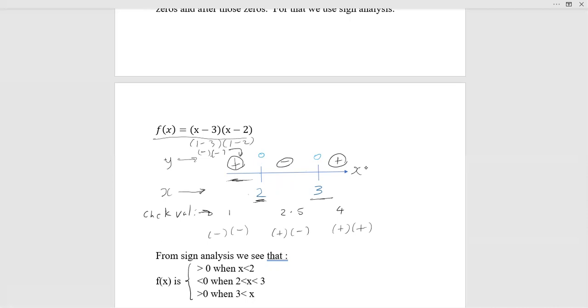Positive means we get a positive y value. That means it is above the x-axis, right? Above the x-axis, the y value is positive. Since we get plus here, we know the function is above the x-axis. In the same way, if you substitute a number in between 2 and 3, here I pick 2.5.